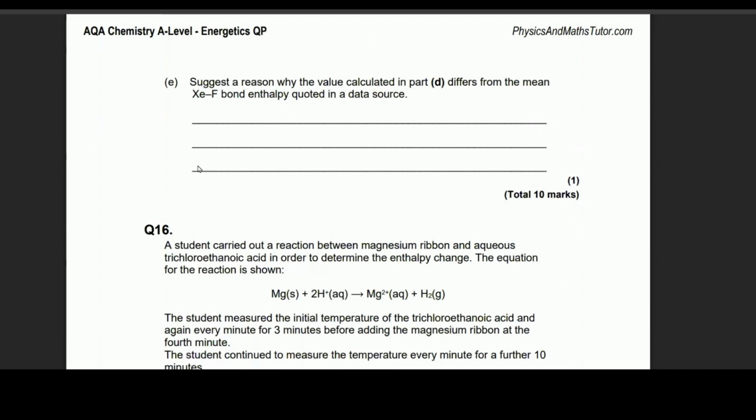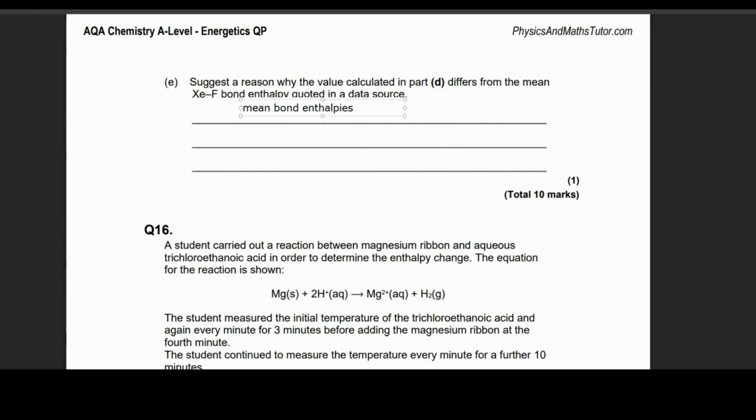I've got a part E. Suggest a reason why the value calculated in part D differs from the mean bond enthalpy. We know that, don't we? Mean bond enthalpies are always going to be different because they're not made from just the Xe-F bond. They're made from other compounds that contain that bond.